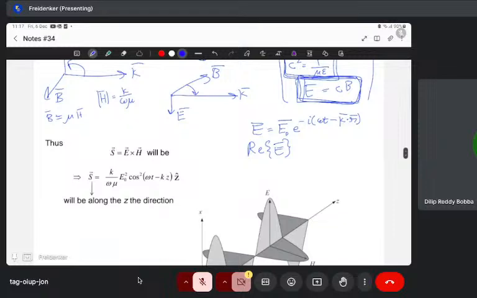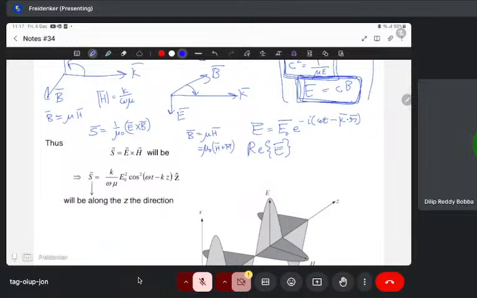And if you notice, we saw the pointing vector was nothing but 1 by mu naught E bar cross B bar, right? But I told you B bar is mu H, and more specifically, you have multiple ways of writing this. One way is mu naught times H bar plus M bar.